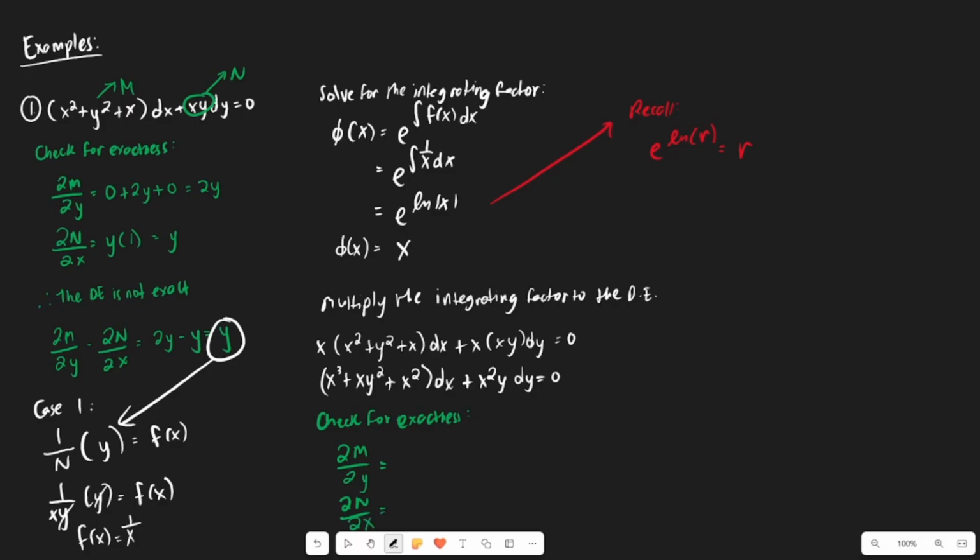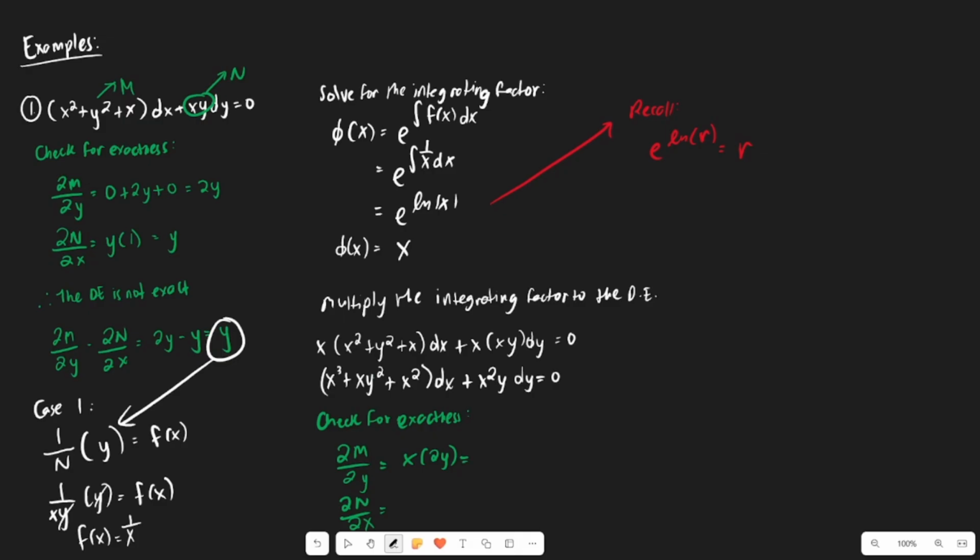So the partial of M with respect to y, we get this. x cubed is a constant, so that becomes 0. And in this case, we take out the x, then we get the derivative of y squared with respect to y, so that is 2y, and x squared also becomes 0.